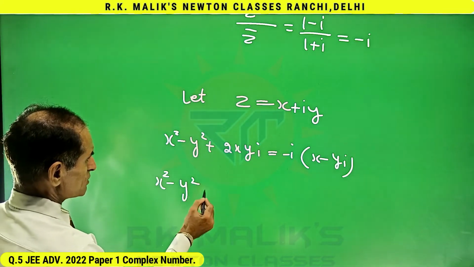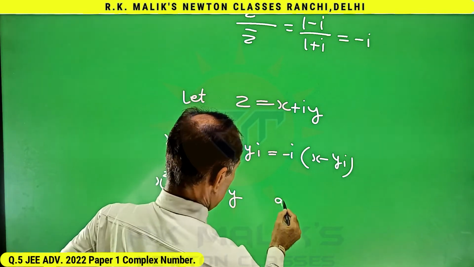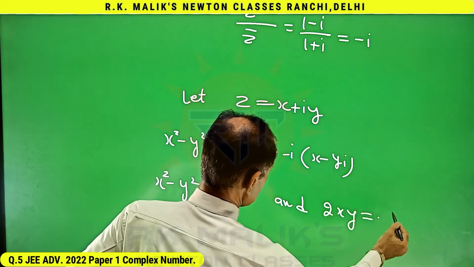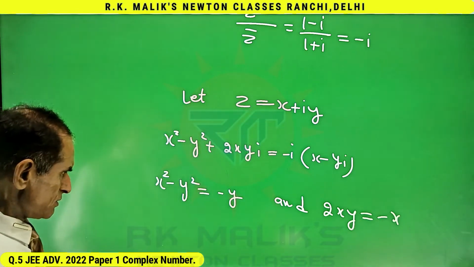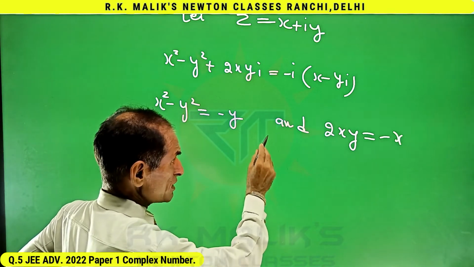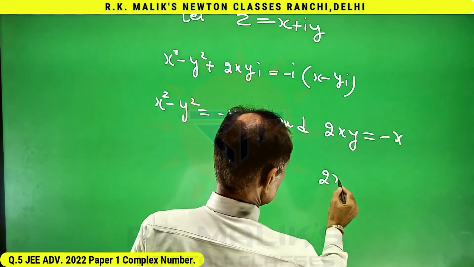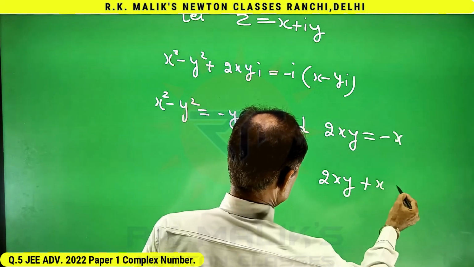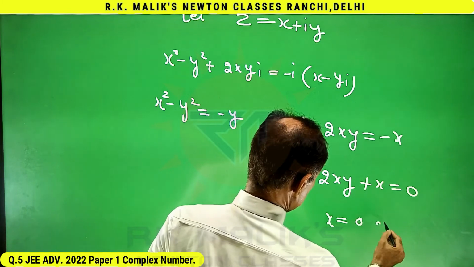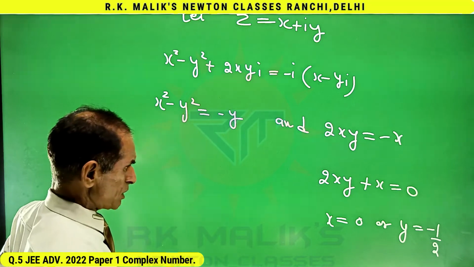x square minus y square equal to minus y, and 2xy equal to minus x. I start from here. Note that there is an AND between these two. This implies that 2xy plus x equal to 0, that is x equal to 0 or y equal to minus 1 by 2.